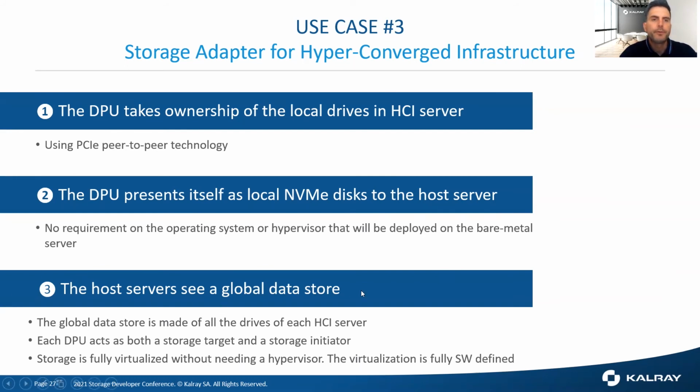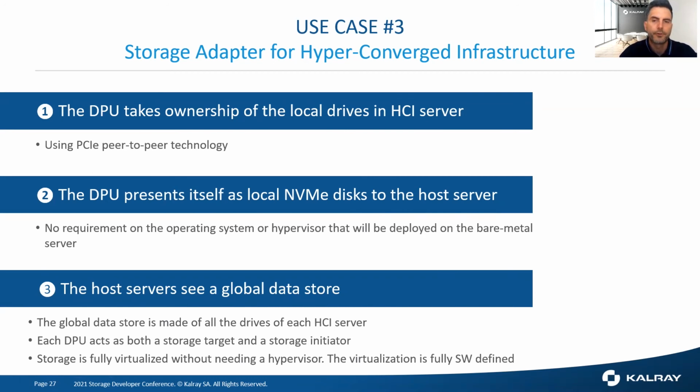and the DPUs in each of the servers connect to each other and provide a global data store made of all the distributed local drives of the cluster. This becomes a global data store exposed to the host servers. In this case, each DPU will act as both a storage target and a storage initiator. Storage is fully virtualized without needing a hypervisor.